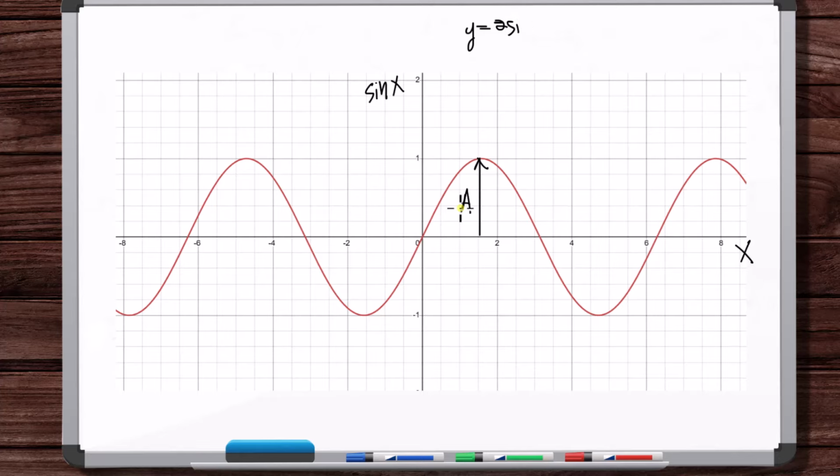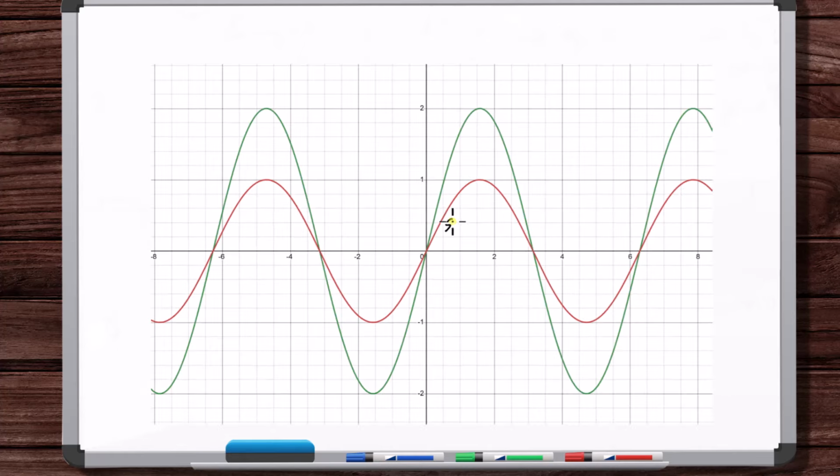Okay, and so that's another property of the sine and cosine graphs. They have a period, a frequency, an angular frequency, and an amplitude. Shown here is sine x, and this is 2 sine x. You see, the amplitude is the main change here.